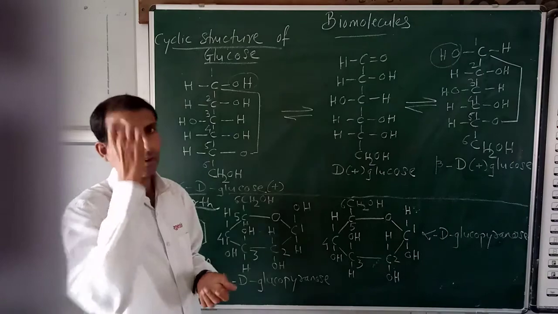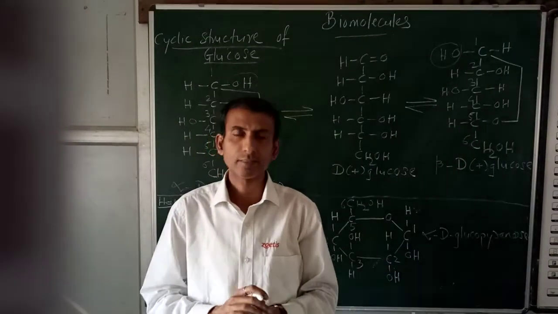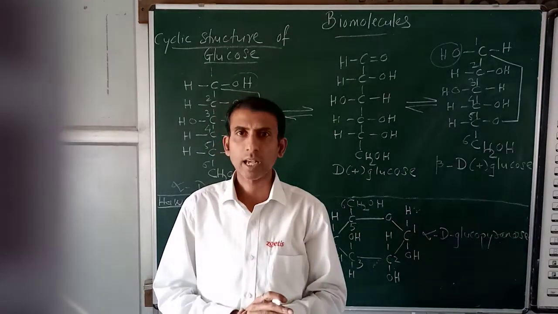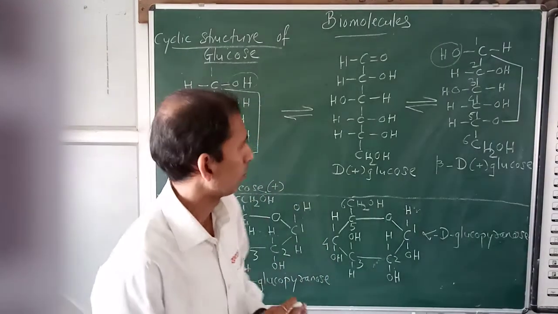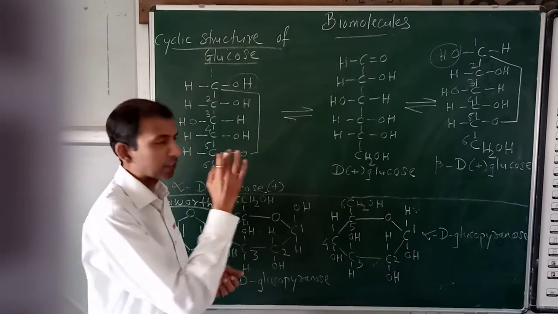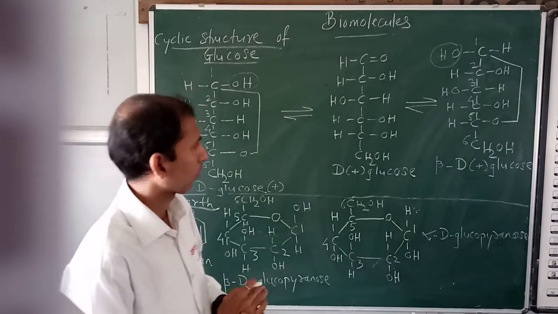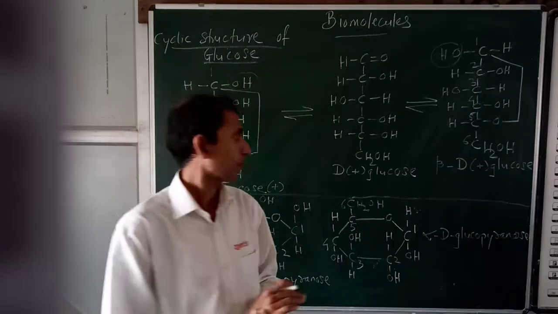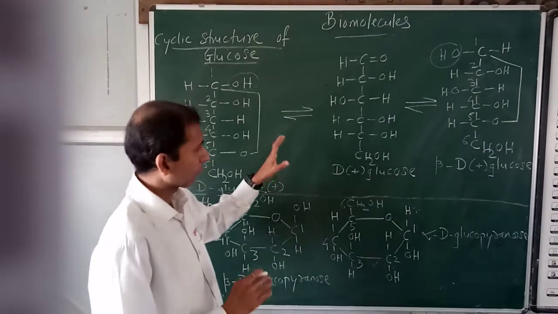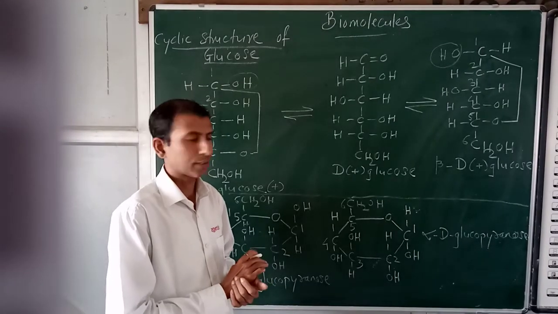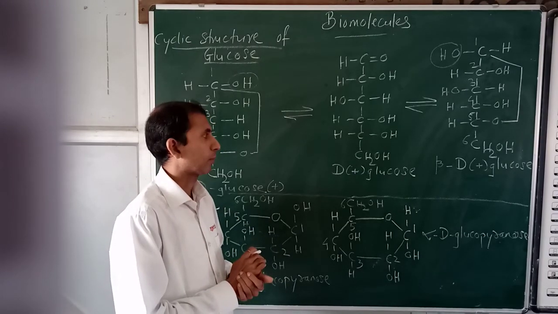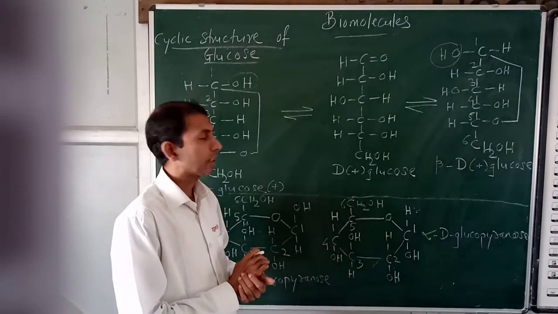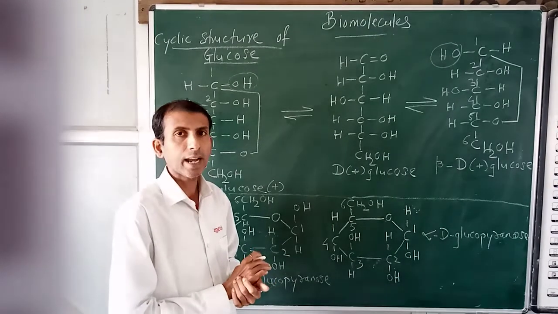One concept of optical activity, in the chapter haloalkanes and haloarenes, only they have introduced that part of optical activity, where again they have divided substances into two types, and specifically substances should be optically active.